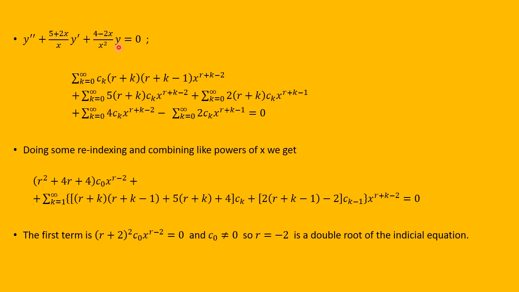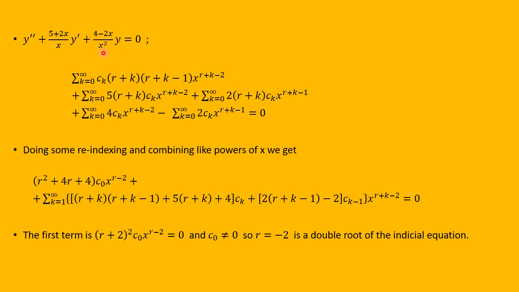So let's do the substitution of those series into this differential equation. y double prime is this series, plus 5 plus 2x over x times y prime is the sum of these two series.